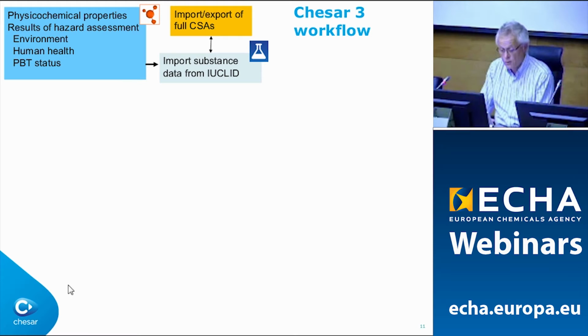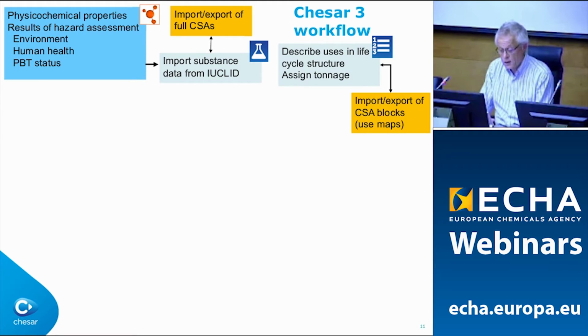What can also be done from box 1 is to import or export full CSAs that had already been carried out. And the uses are described in box 2 in a life cycle structure, and also here the tonnages for the different uses are assigned. Again, this box has an import-export function where use maps or CSA blocks can be imported or exported.